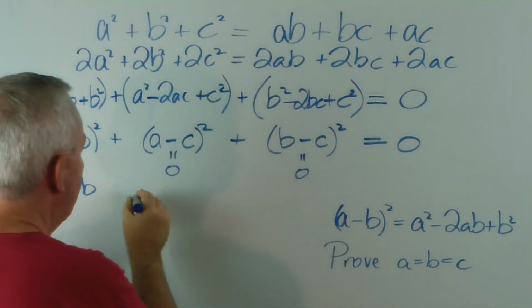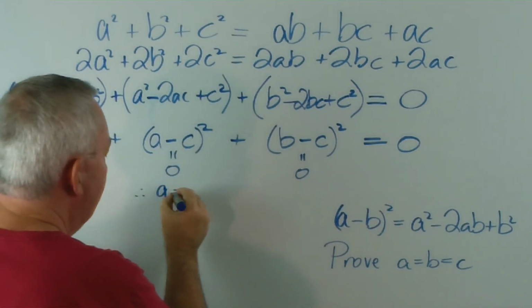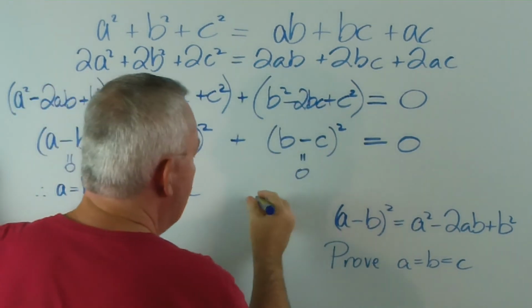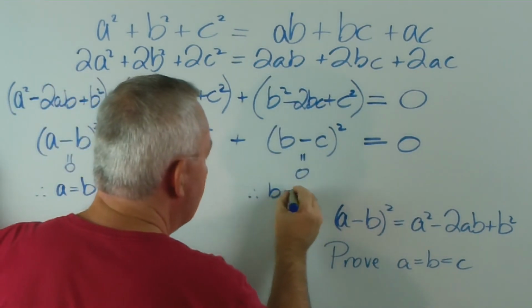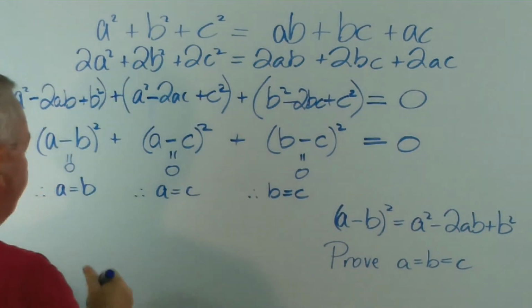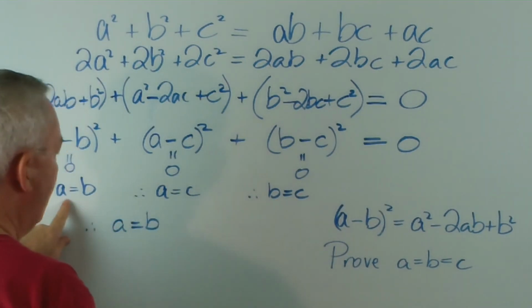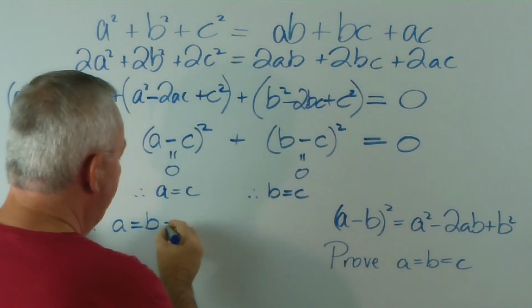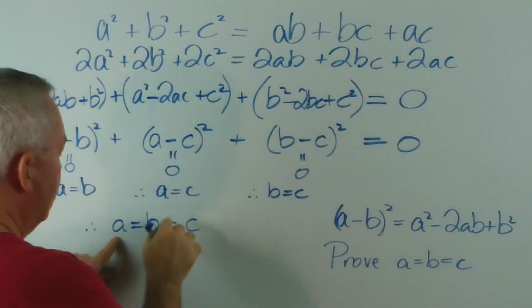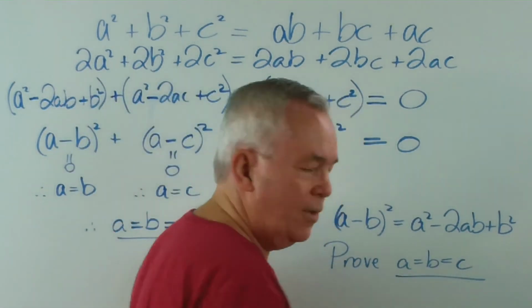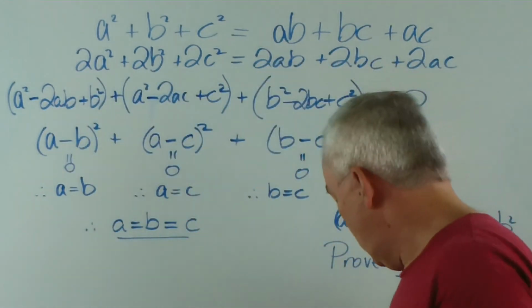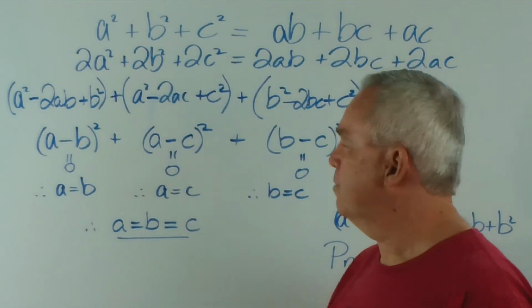This here means that a must equal c, and this here means that b must equal c. Therefore, if a equals b, and if b equals c, then a equals c as well, and there it is. We've just proven that a equals b equals c is the only possible outcome from that problem.